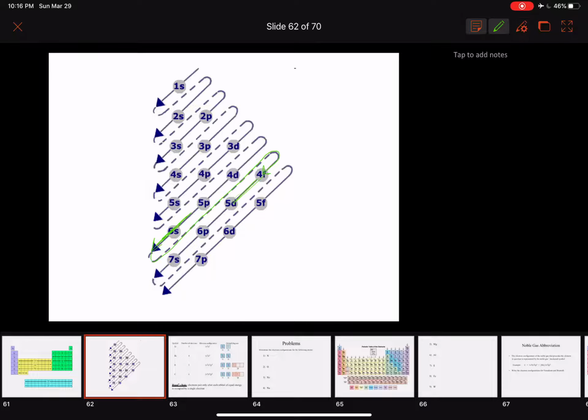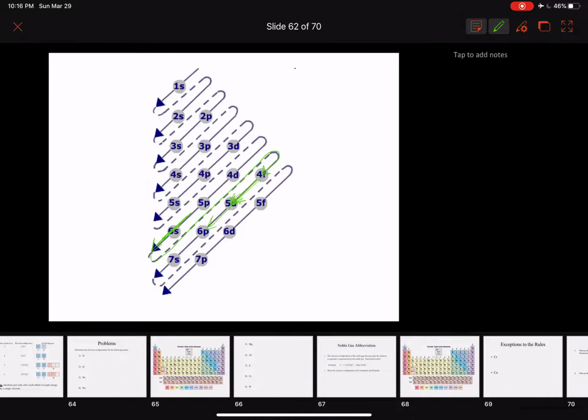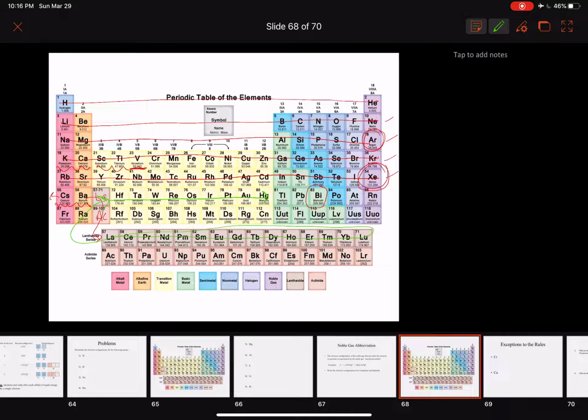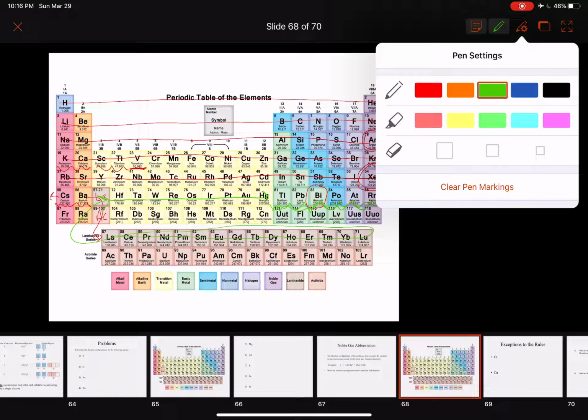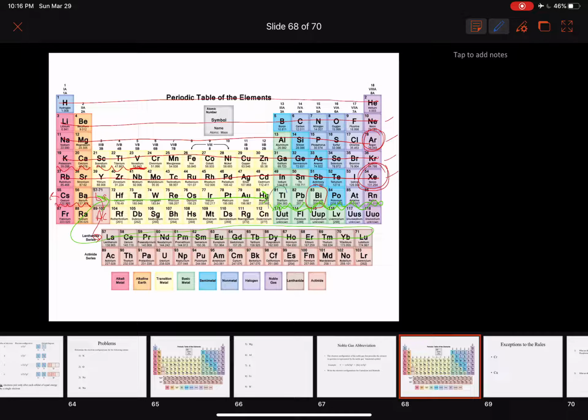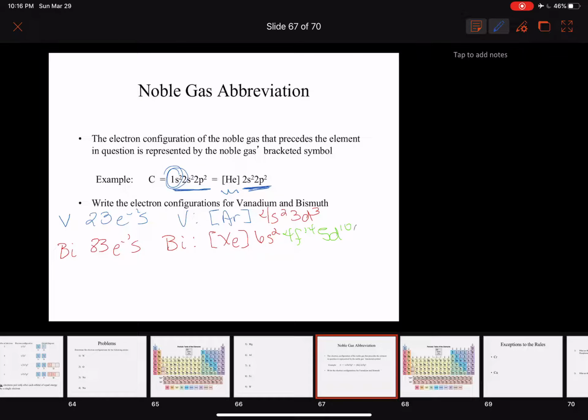So we see we go 5D, and then we go to the 6Ps. So right here, those are the 6Ps. So we have 6P1, 6P2, and 6P3.